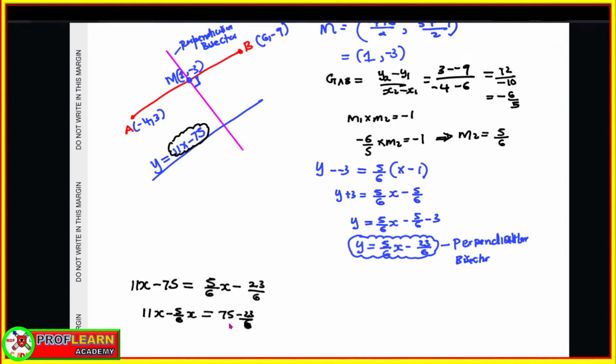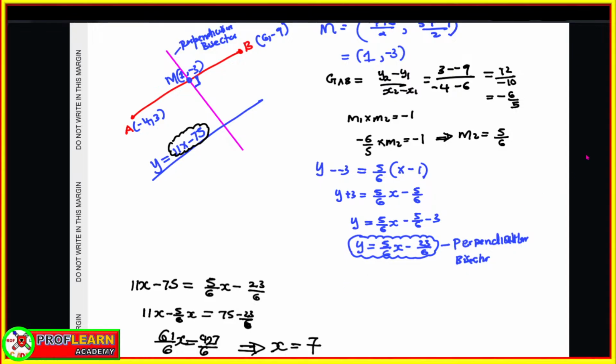So this is going to be 11 minus 5 over 6 gives us 61 over 6 x is equal to 75 minus 23 over 6. That's going to give us 427 over 6, if everything's fine. So divide by 61 over 6, we get our value of x translating to 7.